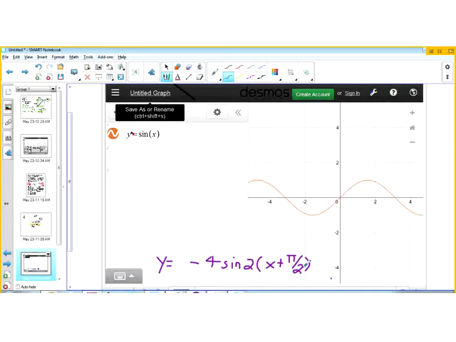In this case, the way I would proceed solving this, I would first note that the period is 2 pi over 2, which is pi. So my period is going to be pi. So I've got to adjust my window now back to radian.